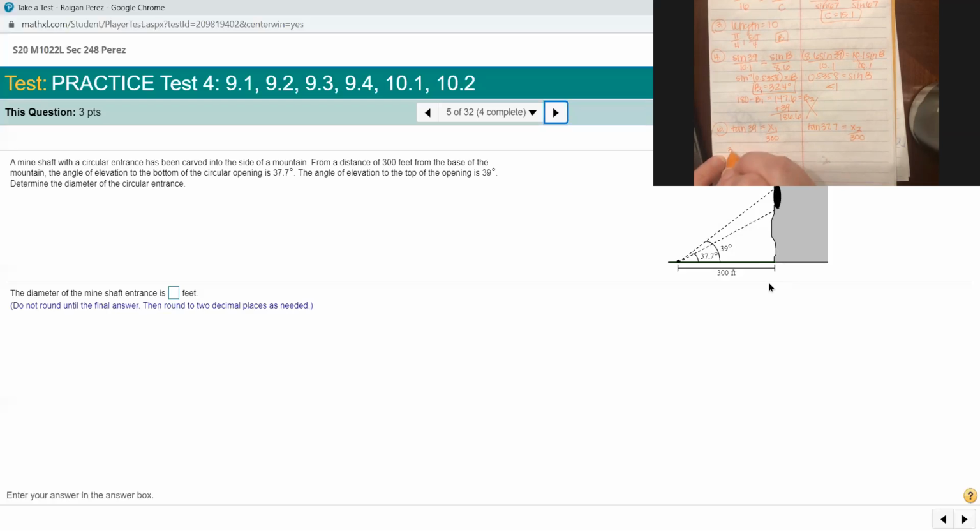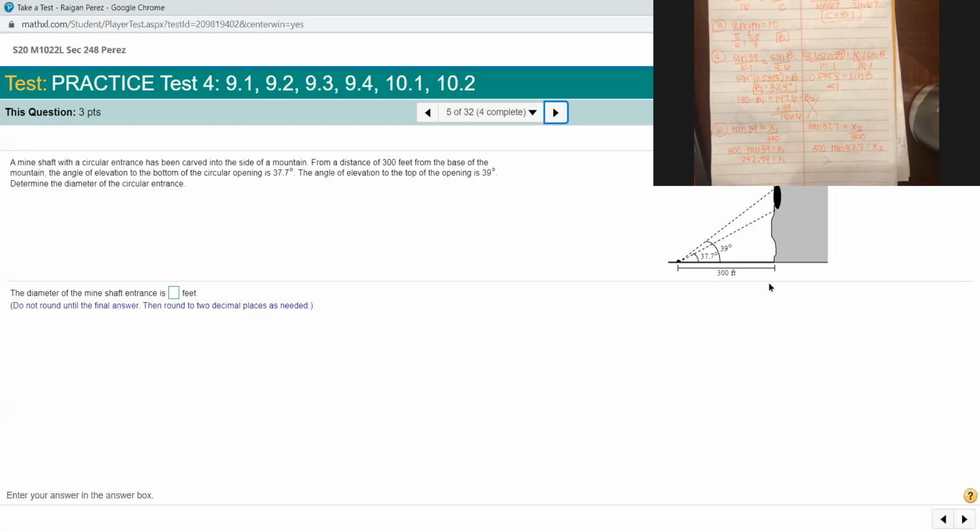So right here, I'm going to do 300 times tan of 39 and get my x1. Over here, I'm going to do 300 times tangent of 37.7 and get my x2. Again, calculator needs to be in degrees, but I'm just plugging it in. 300 times tangent of 39 is 242.94, rounding to 2 decimal places.